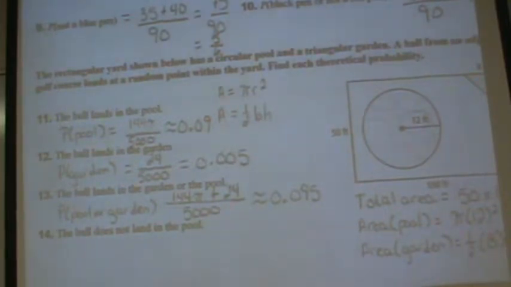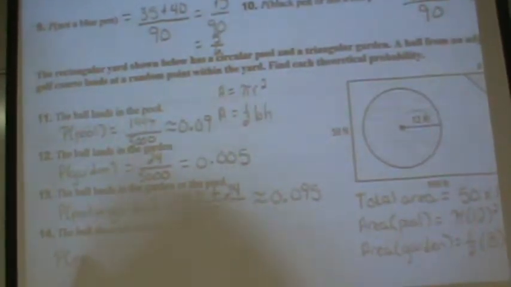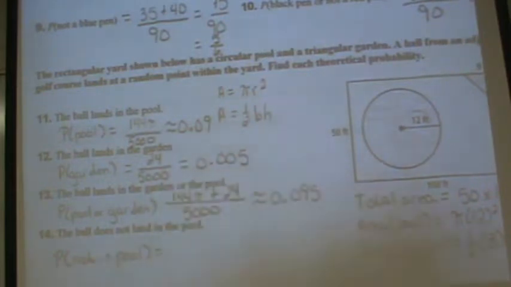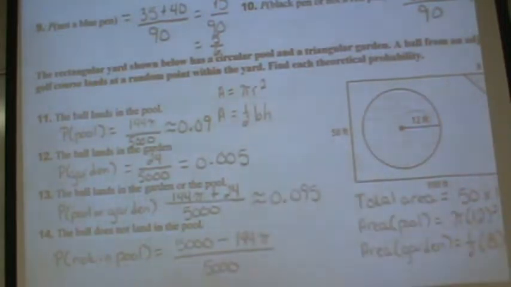And number 14, the ball does not land in the pool. So probability not in the pool. So that means that we're going to take our entire area and subtract the area of the pool, and then divide by our entire area.